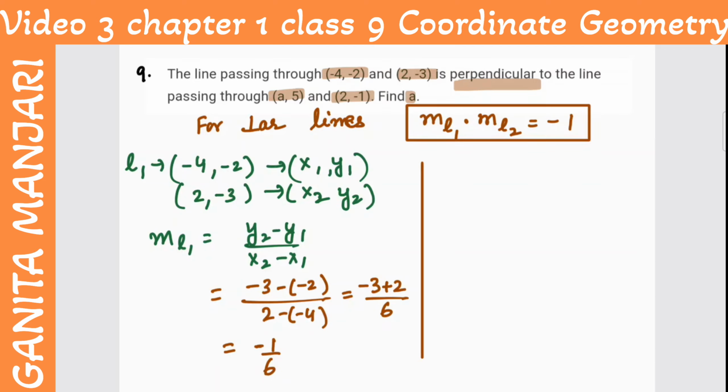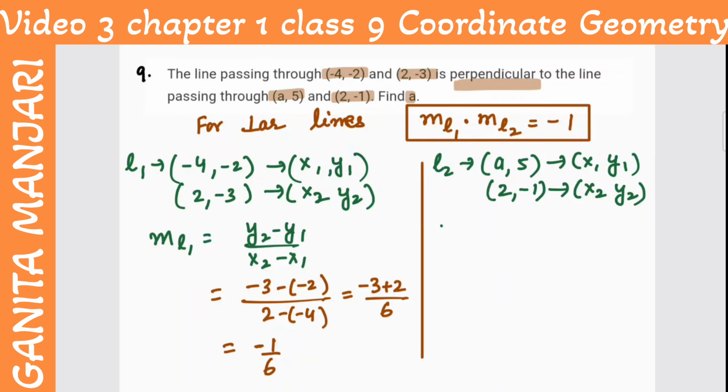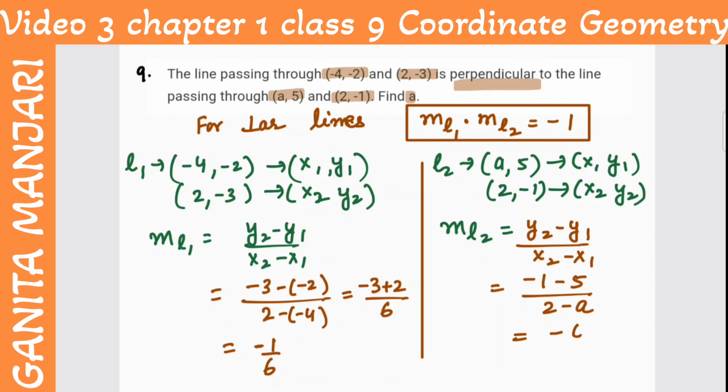Let us take the values a, 5 as x1, y1 and 2, negative 1 as x2, y2. So the slope of L2 is, again using the same formula, y2 minus y1 upon x2 minus x1. Just plug in the values: negative 1 minus 5 upon 2 minus a. So it is equal to minus 6 upon 2 minus a.